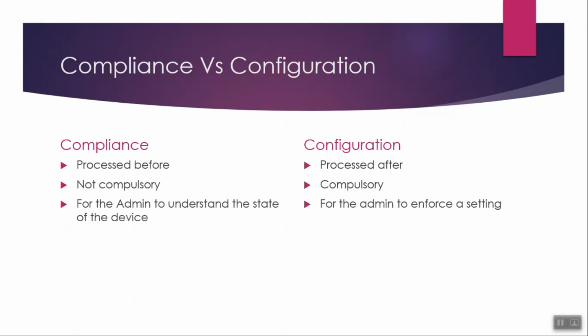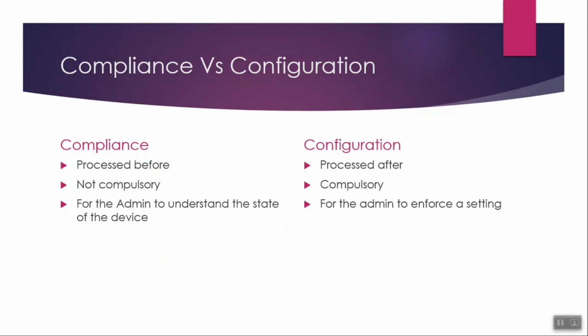If the compliance policy says that the device should have a 10-digit password and an OS version of 8, and the device actually does not have that, then the device is just going to get marked as non-compliant for the admins to see.